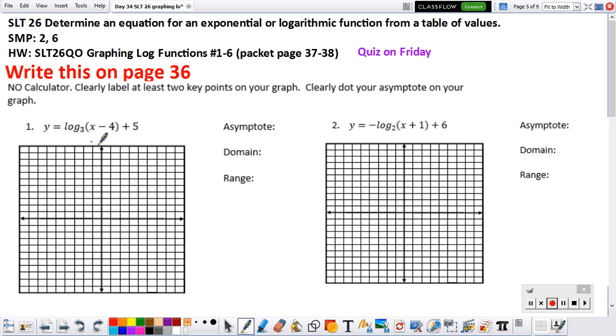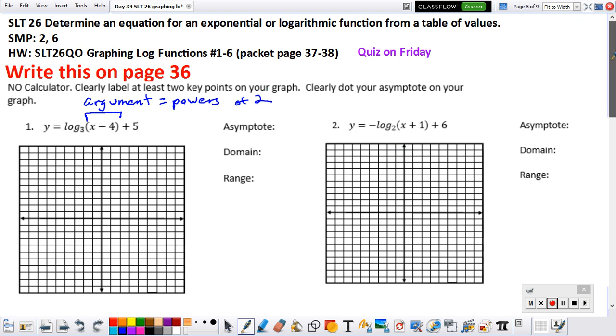Now, we're still going to approach this the way we did when we had the parent graphs. What we want to do is set the argument equal to powers of 2, because that's the base. Okay, so write that down.